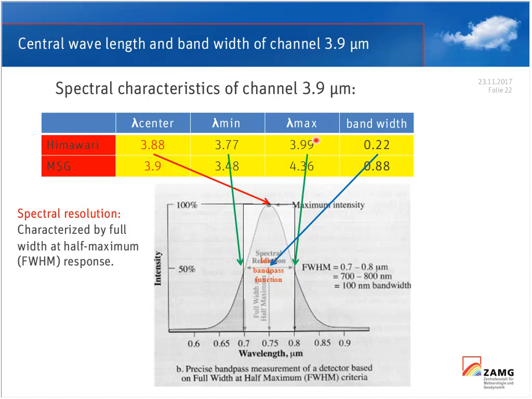This is called the full width at half maximum. This is what is often used to indicate the bandwidth of a sensor. And you see here, this is very important, I mark it in green, the Himawari channel 3.9 has a very, very narrow bandwidth, while MSG has a very broad bandwidth. And this is the reason for the difference, and I will explain why.